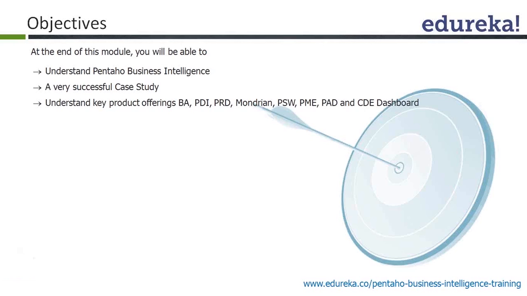This is a community plugin which is available freely. So these are a few tools which we will study at a high level, and as I already covered, the first 3 product offerings, BA, PDI, and PRD, are the main critical items to work with in the BI domain.